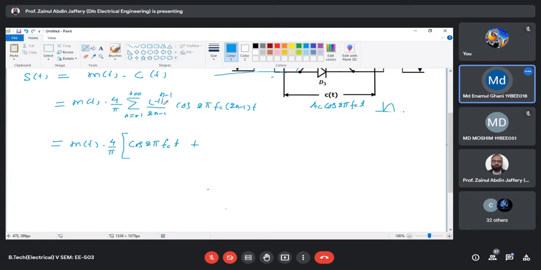Minus of cos 6 pi ft by 3. ये क्योंकि 2 रे -1, ये 1 आ जाएगा, ये minus 1 by 3 आ जाएगा. तो this will be minus 1 by 3.